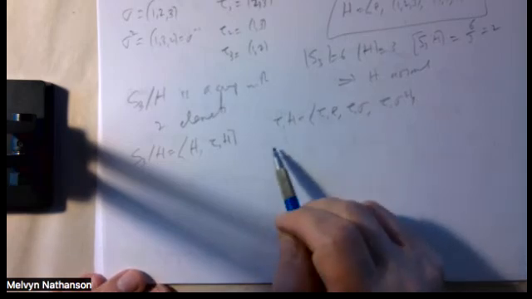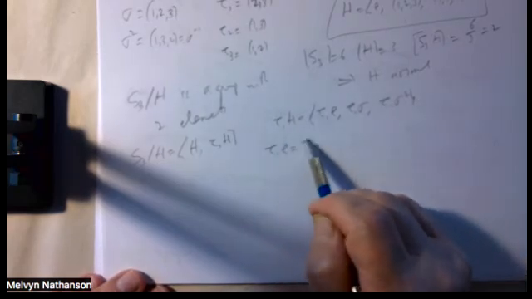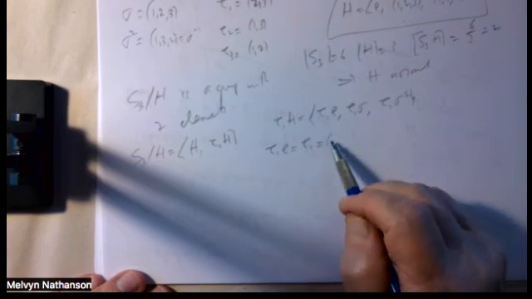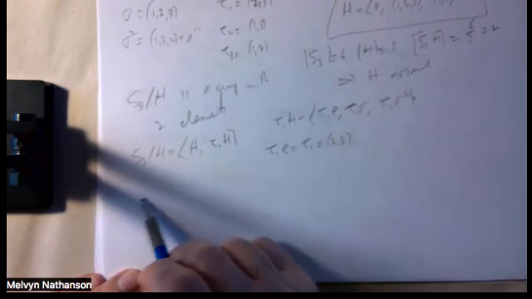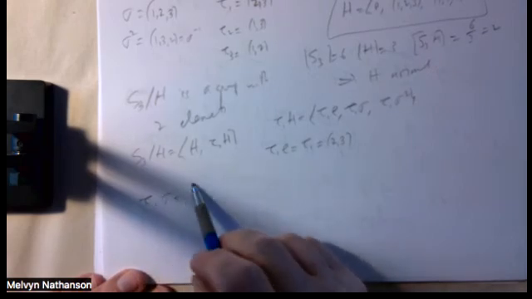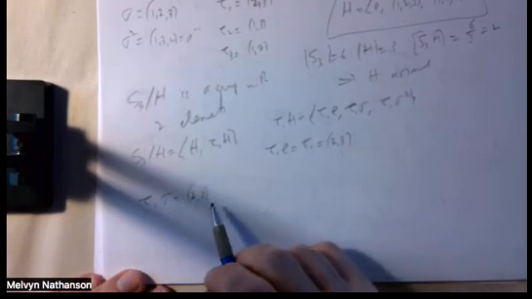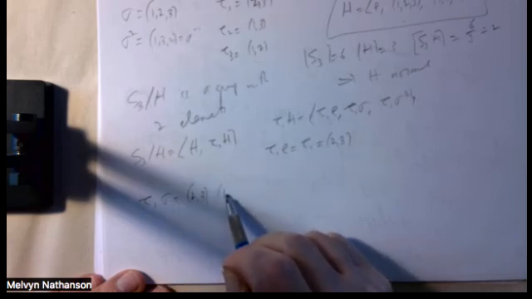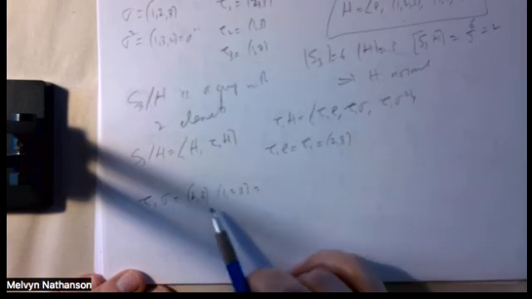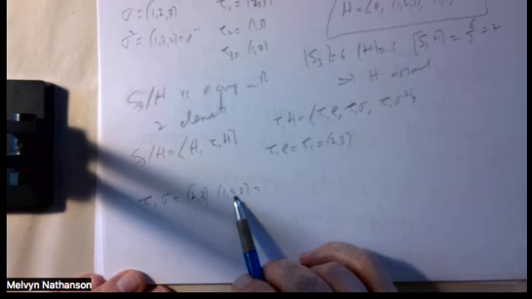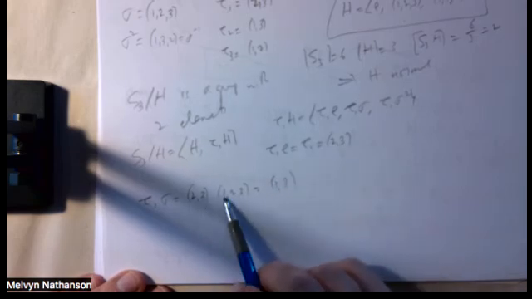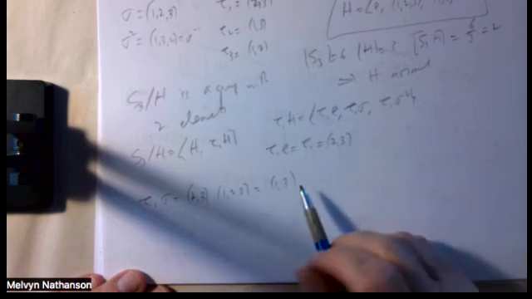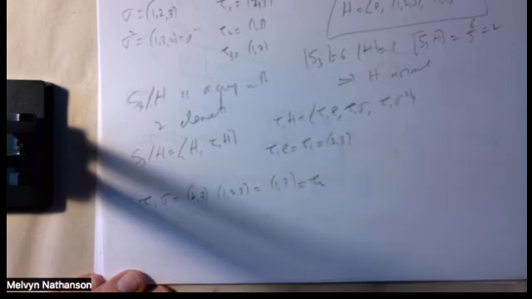Let's do this calculation. I've already done it, but let's do it again. So tau 1 times the identity is just tau 1. That is the permutation 2, 3. What is tau 1 times sigma? That's the transposition 2, 3 times 1, 2, 3. What is this? 1 goes to 2, 2 goes to 3, so 1 goes to 3. 3 goes back to 1, 2 goes to 3 goes to 2. So tau 1 sigma is this transposition, which is tau 2.